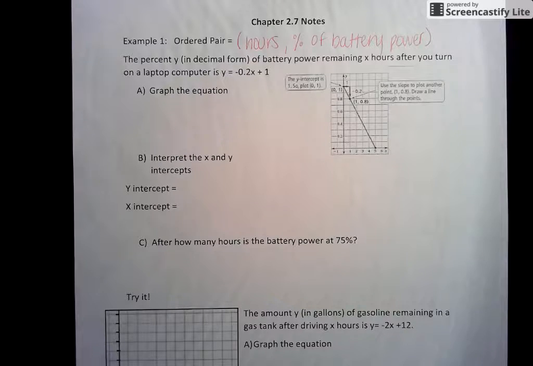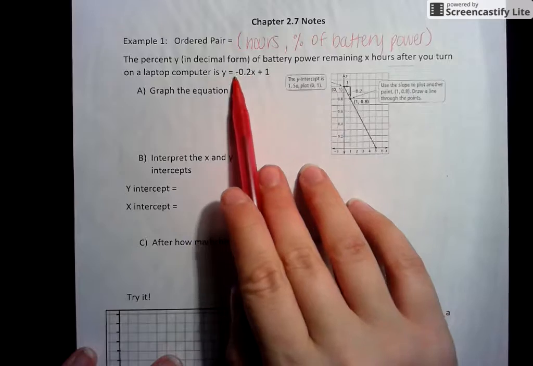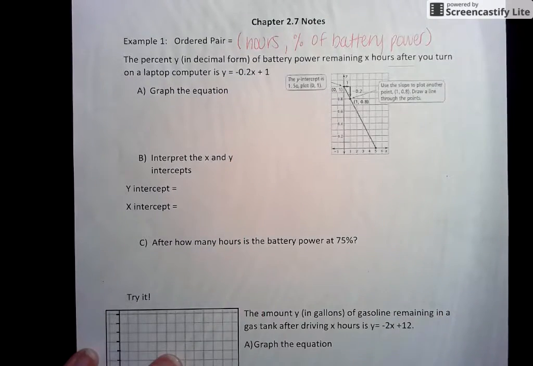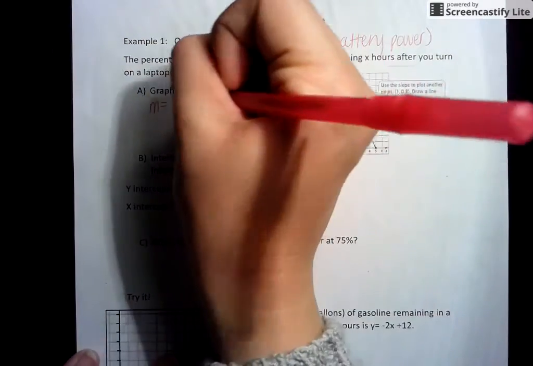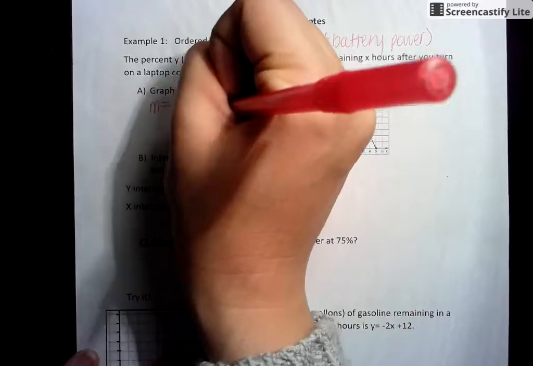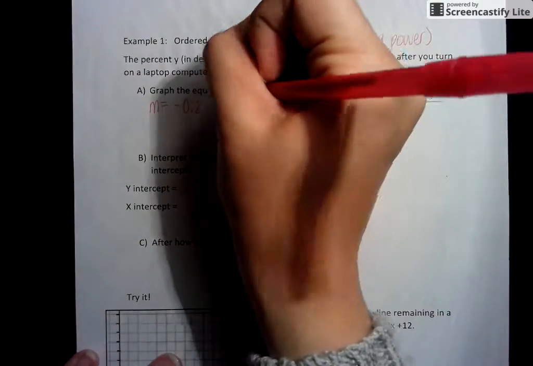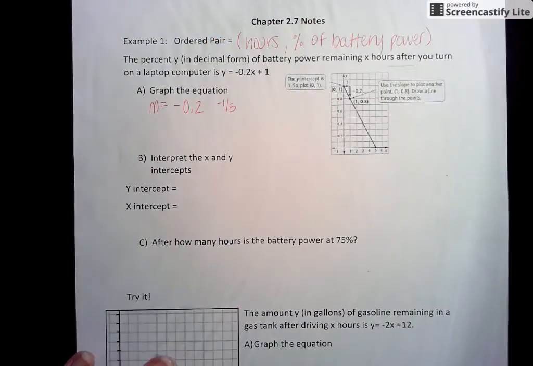So it wants us to graph the equation, which in this example is already graphed for you. So we graphed negative 0.2x plus 1. Now, when you graph, you want to make sure that you identify the slope, which would have been negative 0.2, which really is saying that it's negative 1/5, because that's 0.2.